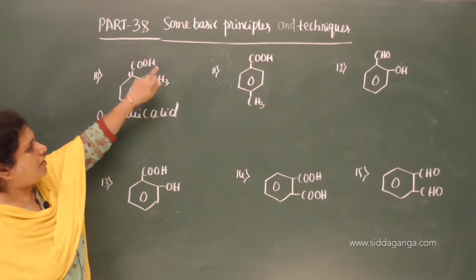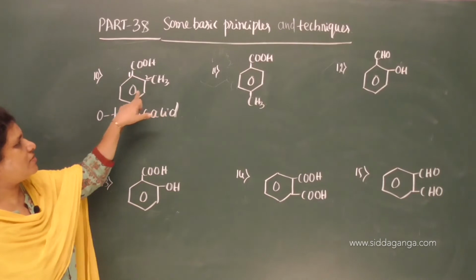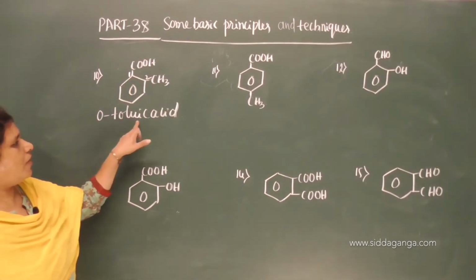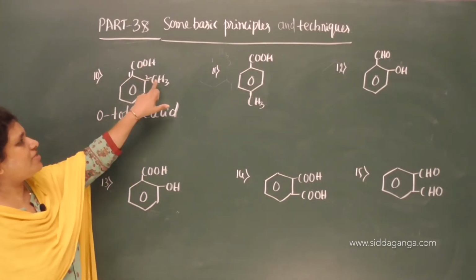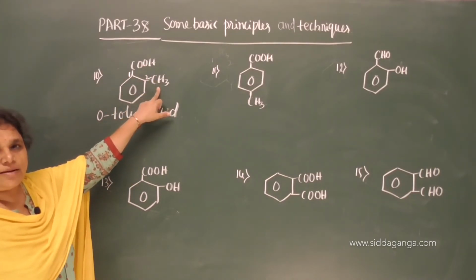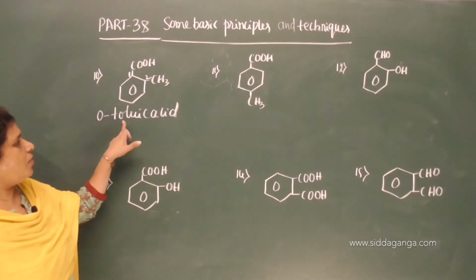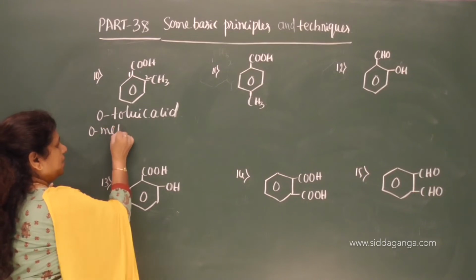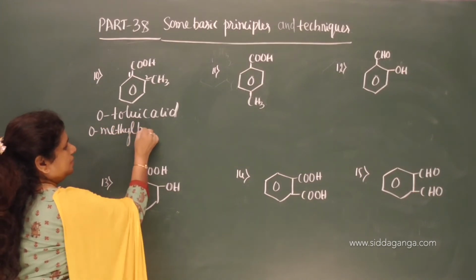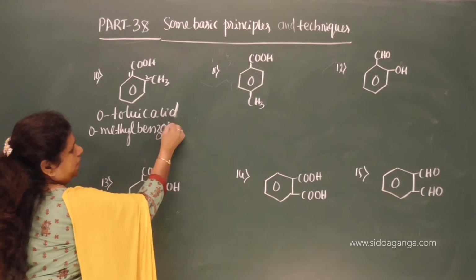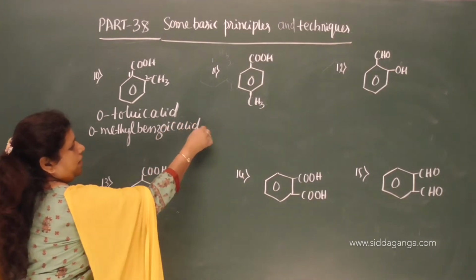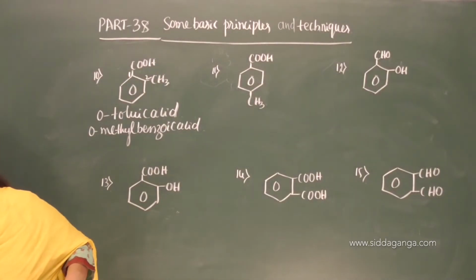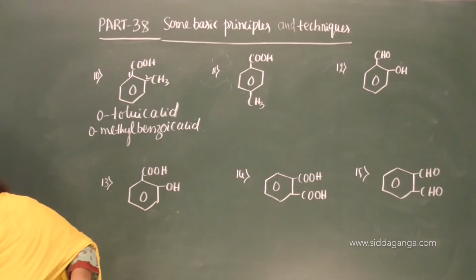So this is toluene, correct? C6H5CH3. This is toluene, and an acid group is there. Therefore, toluic acid. Since COOH and CH3 are on adjacent carbon atoms, it is called o-toluic acid, or you can name it as ortho-methyl benzoic acid. You can also name it as ortho-methyl benzoic acid.